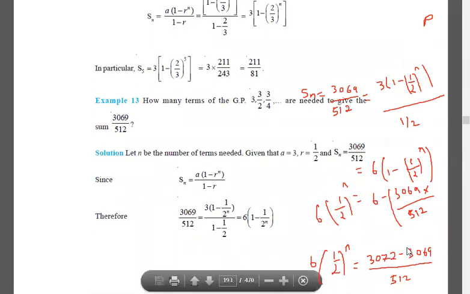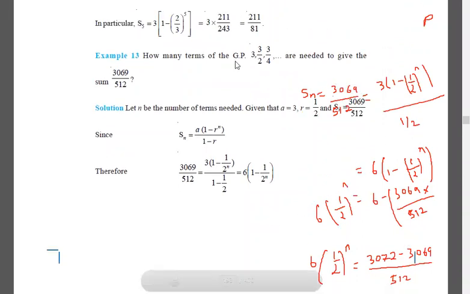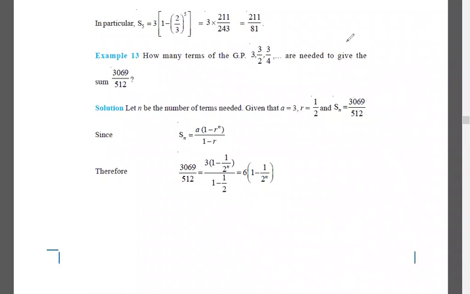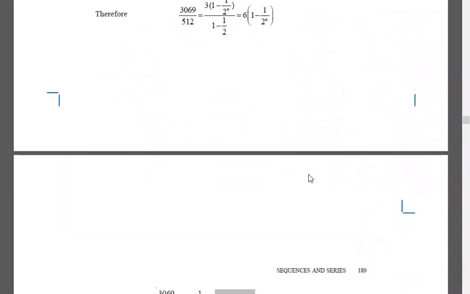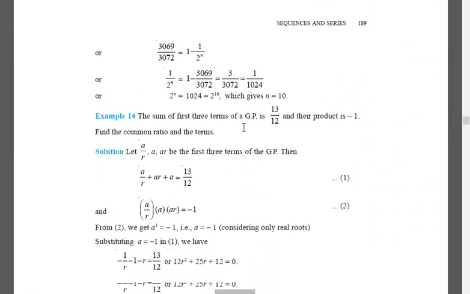Because this is 3 now, right, everyone? So you will get 1 by 2 power n is equal to 3 divided by 512 into 6, which is 1024, which is 1 by 2 power 10. So the answer is 10. Got it, guys? Got it?